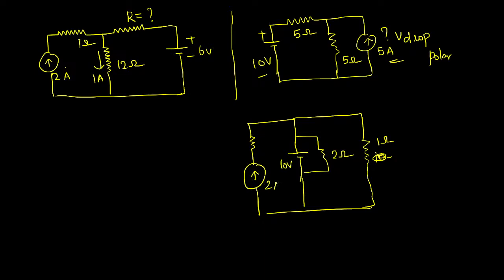This is 2 ampere current source, and this is 5 ohm. Now the question is, you have to identify the value of current flow through the 10 voltage source. In which direction the current flows, you have to find. The value of the current you also have to find. Find whether the current goes into or out of this 10 voltage source, and then figure out the value of the current also. That is the next question.